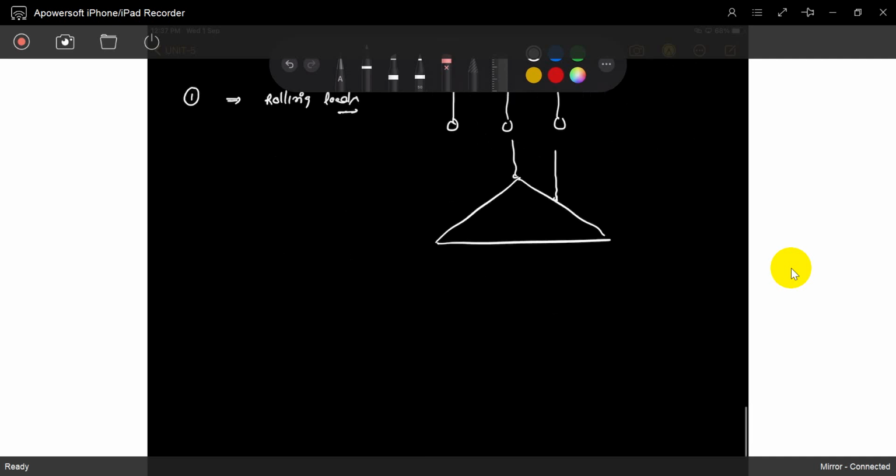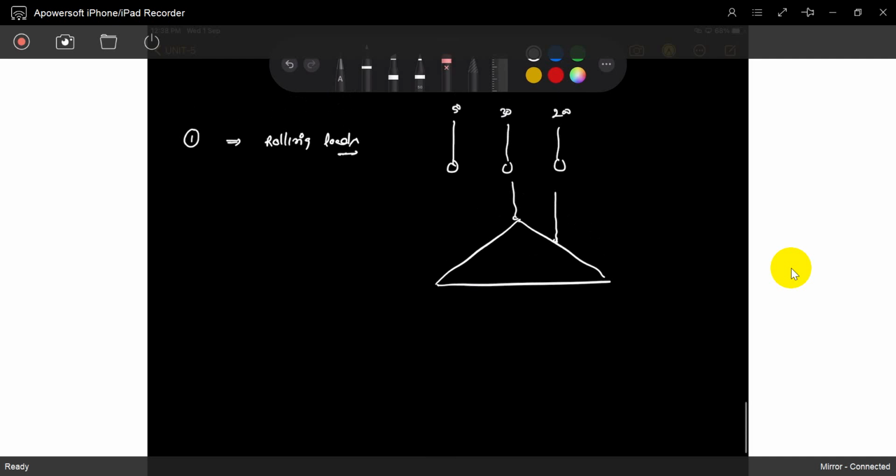These are not mentioned in our syllabus, so I will give a brief introduction and solve one or two problems. These questions come in GATE very frequently, so I don't want to discuss more, but I will give an idea.